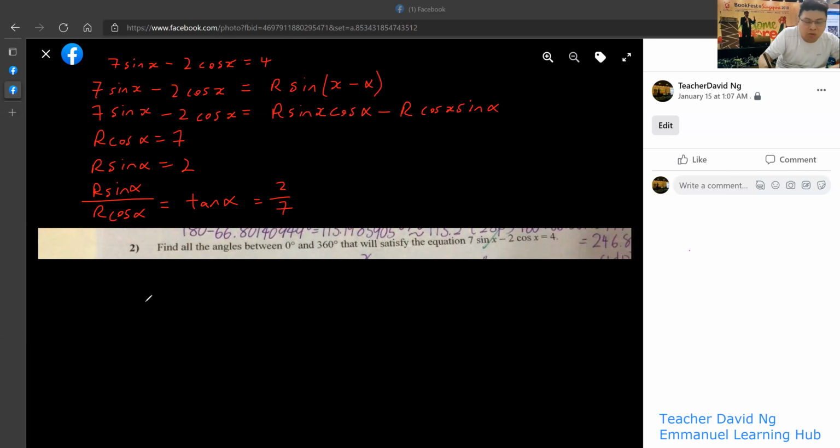If tangent alpha is 2 over 7, you can work out your alpha. Your alpha basically is tangent inverse 2 over 7, and you can find it using a calculator. You should get 15.95 degrees.